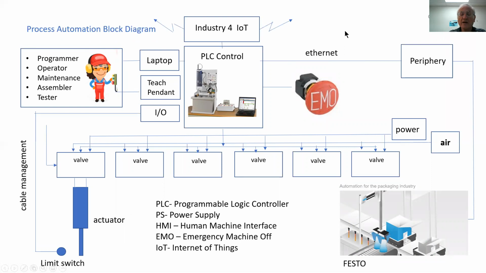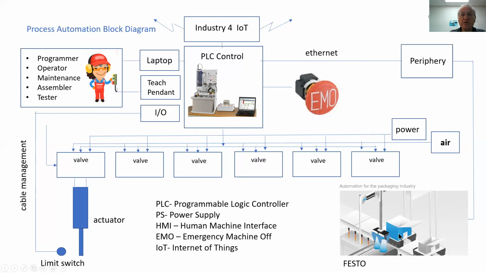When we connect the actuators to a system, we have a PLC controller that commands through the Ethernet several actuators working together in some type of an automated process.